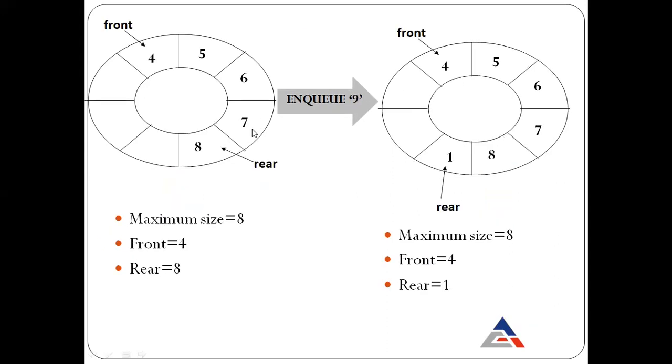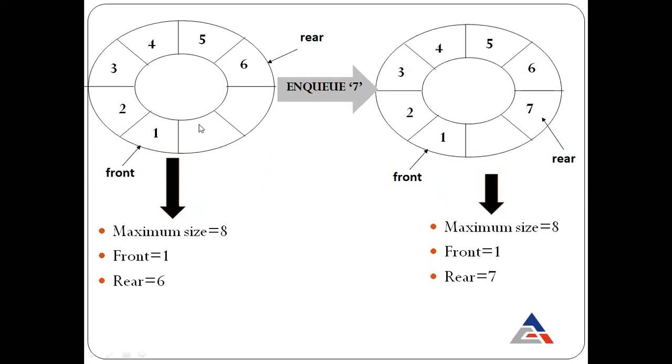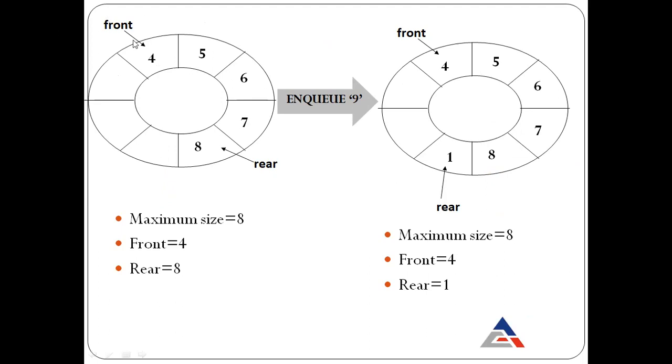So what I did in this figure is that I removed these 3 elements. I deleted these 3 elements. Fine. When I delete the 3 elements, what happened? This becomes the front and this becomes the rear. So this is 1, 2, 3.